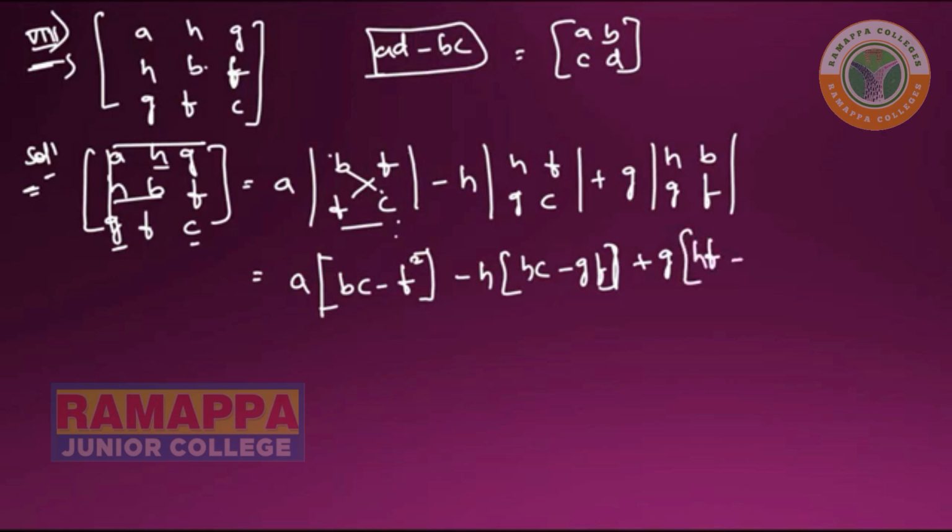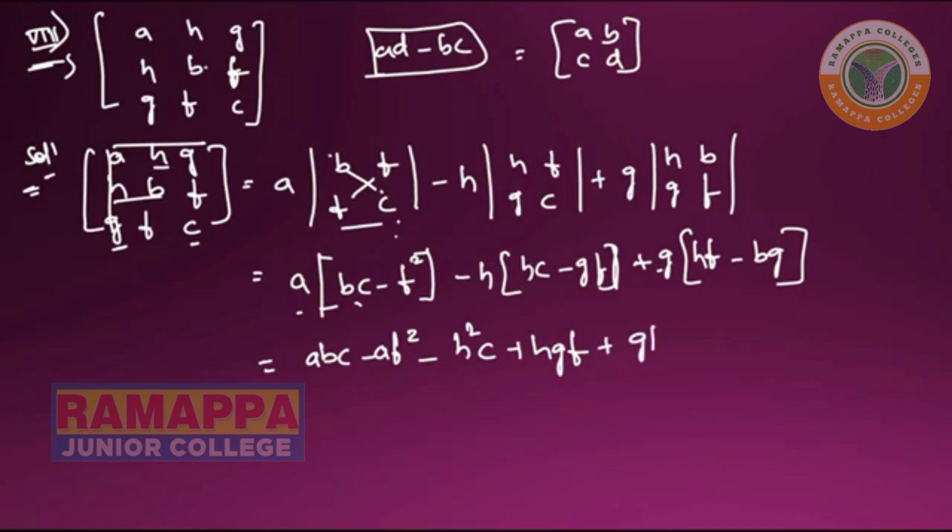HF minus BG will come here. So A into ABC minus AF square, minus this is H square C plus HGF will come, and after that G into F plus GHF minus G into G square minus BG square.